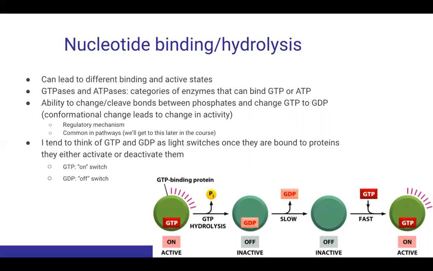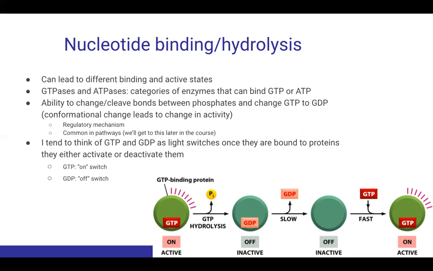And these particular proteins have the ability to change or cleave bonds between phosphates and change GTP to GDP, and in the opposite direction as well. So then it would be ATP to ADP and vice versa. And then it's a regulatory mechanism, and it's common in pathways. And we're going to see this once we go through the pathways, which I think is tomorrow's review.